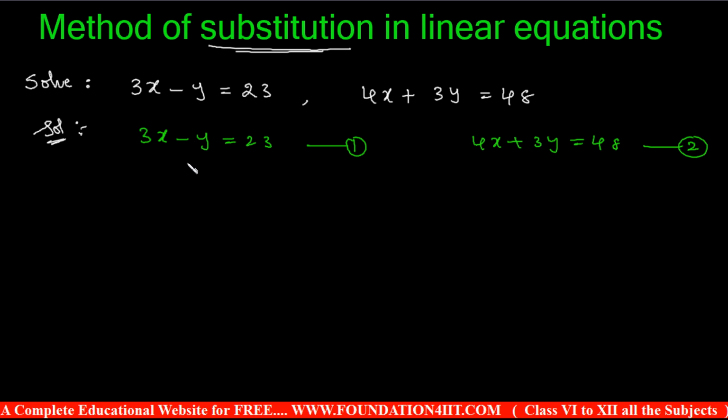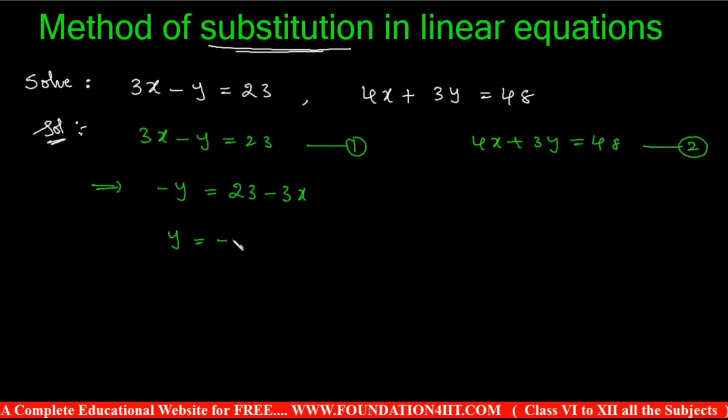So I am finding the value of y. From this, minus y, except for the y variable, take the other terms to the other side: 23 minus 3x, 3x to the right side as minus 3x. Now I want plus y, so if you want positive y, change the signs.